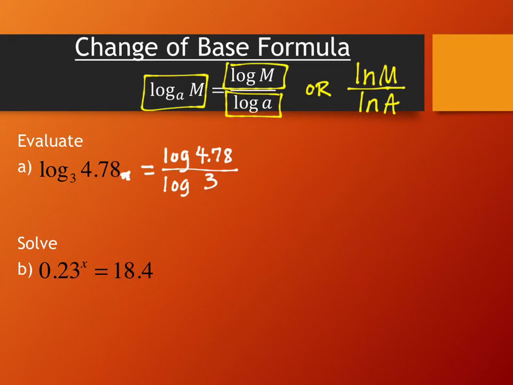The reason that that's desirable is because your calculator can tolerate that because it has common logs, but it doesn't have the ability, most of them anyway, to change a base inside of it directly.